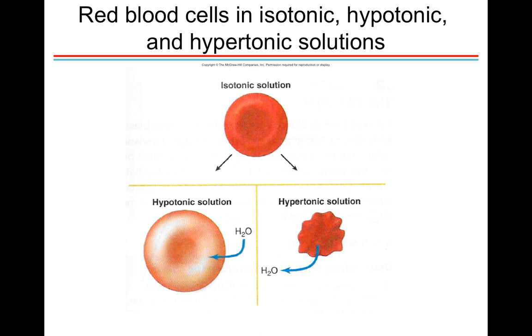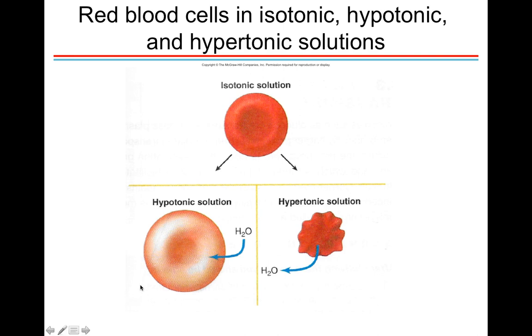You probably heard before in other classes that if you take a red blood cell and put it in an isotonic solution, it'll maintain its normal morphology and shape.